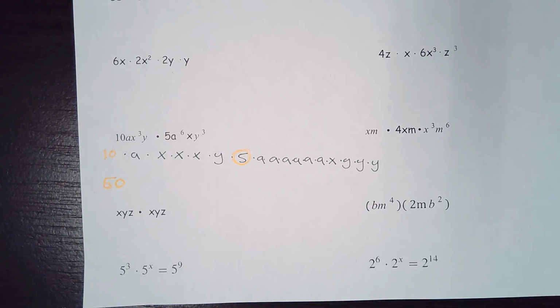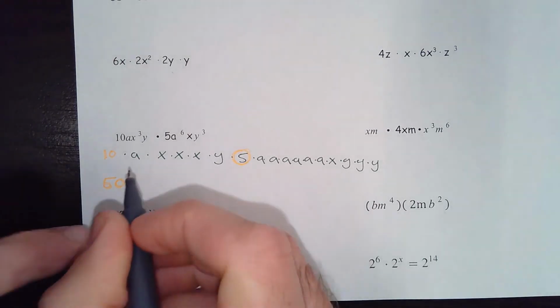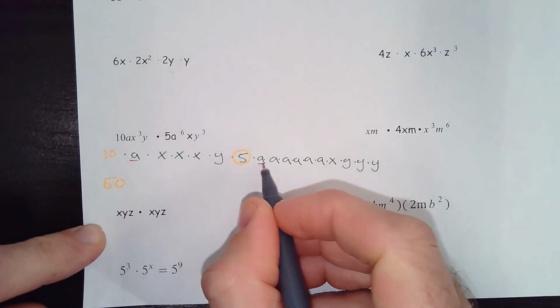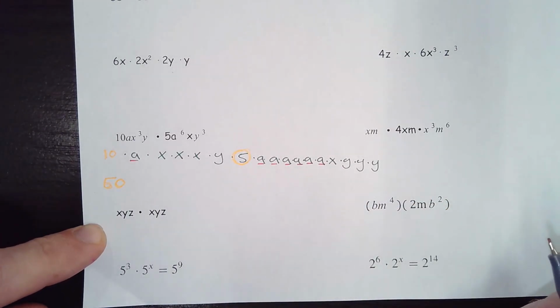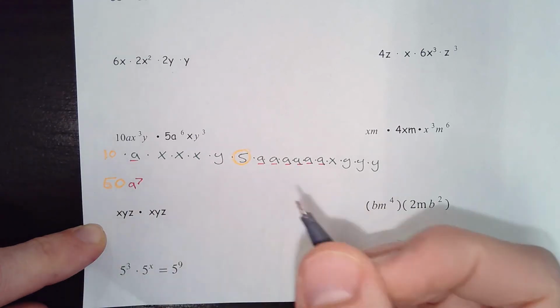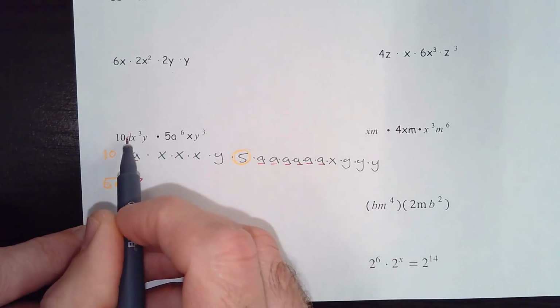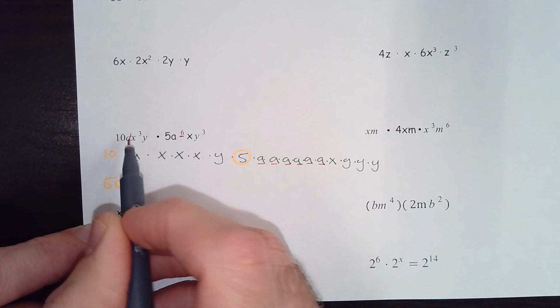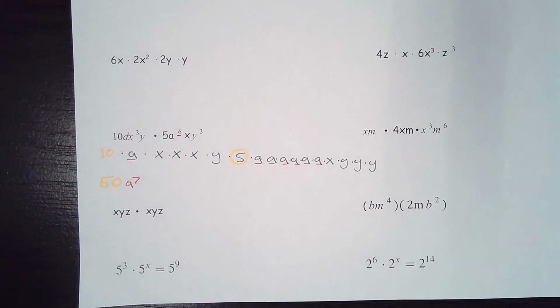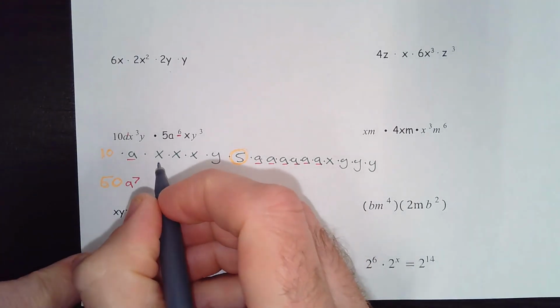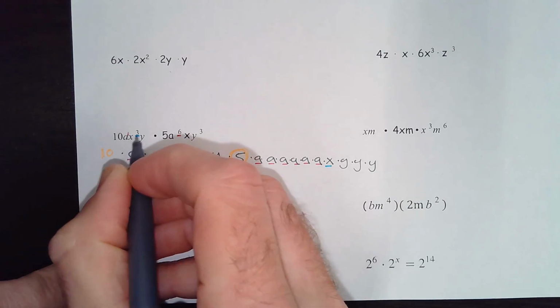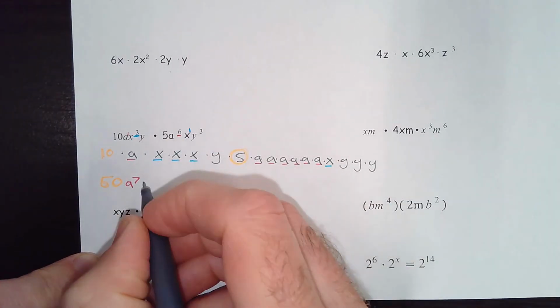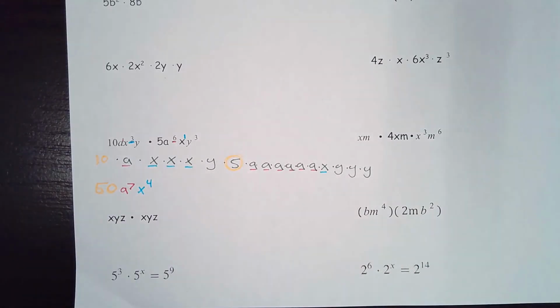Then let's count how many a's we have: 1, 2, 3, 4, 5, 6, 7. 7 a's, so a to the 7th. That works out, because 1 plus 6 gives us our 7. Now let's see how many x's we have: 1, 2, 3, 4. So 3 and 1 makes sense, x to the 4th.